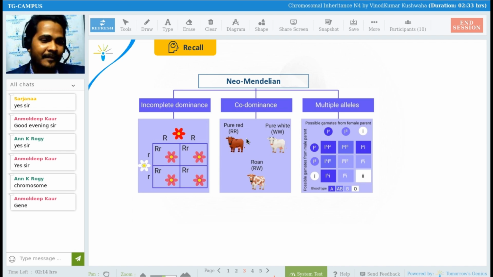No one raised a hand in the chat box. Only two raised their hands, so they replied. What about others? Yes, anyone? Anthony, Sasidharan, Sindhuja Sri, can you hear me?